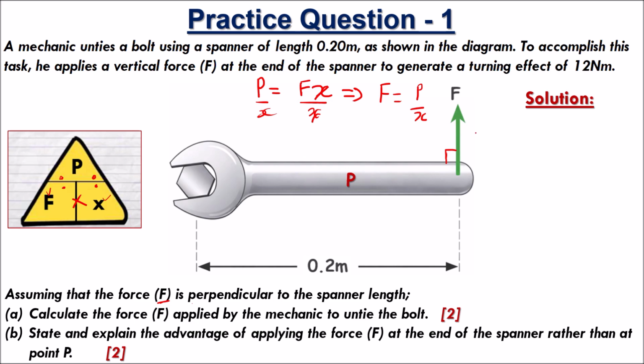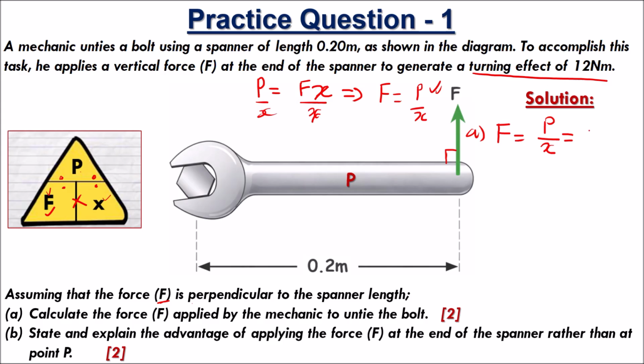Using the change of subject, for item A, we are calculating F, and we know that by change of subject, F is equal to the moment over distance. By triangle formula, force is equal to moment divided by distance. So they are in agreement. What is the moment? We are told the turning effect is 12 Newton meters.